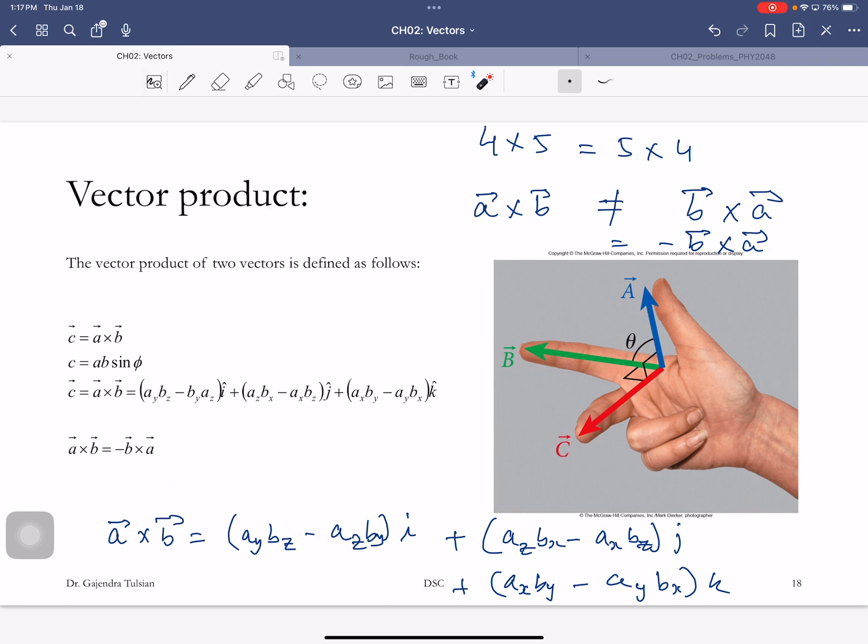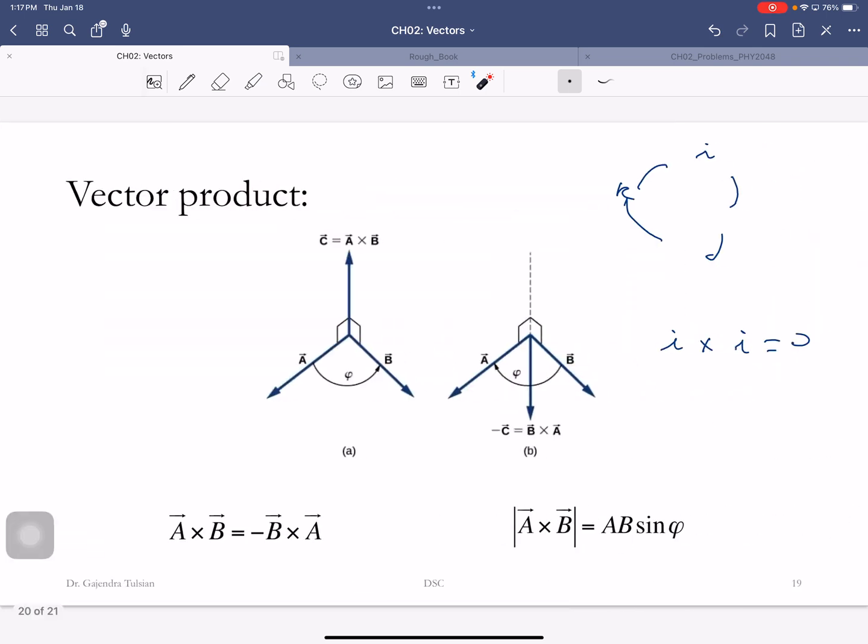I cross J is equal to K. Again, cyclical order: J cross K is I, K cross I is J. I cross K is negative J. Very good. So you know how to cross multiply unit vectors.